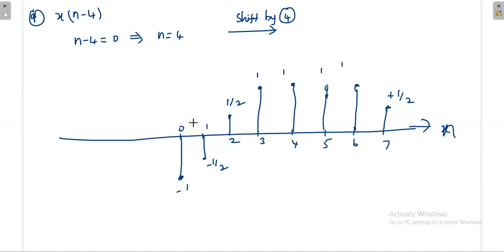The next operation is x of 3 minus n. Here shifting is there, and time reversal is also there, because n is negative. You can modify this as minus n plus 3. Then what would be the shift?